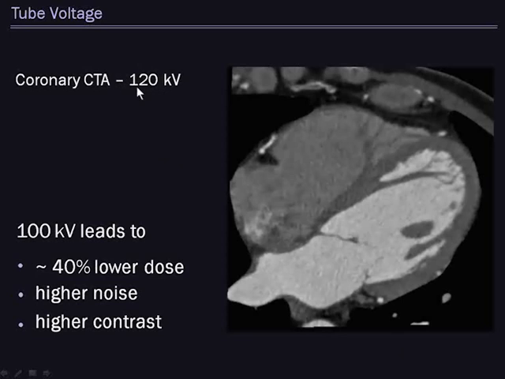If you change the tube voltage from 120 kV to 100 kV, dose will go down by 40%. On the other hand, image noise can be slightly higher, which is partly compensated by the fact that the contrast of iodinated contrast agent is also higher in the image.